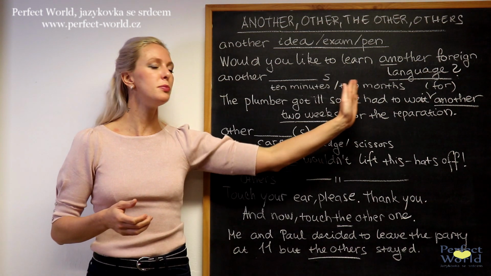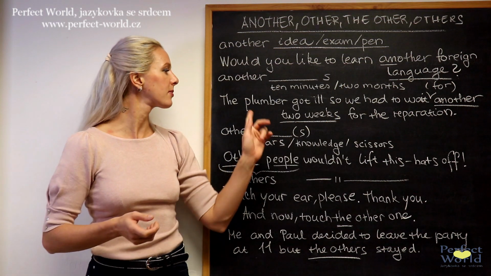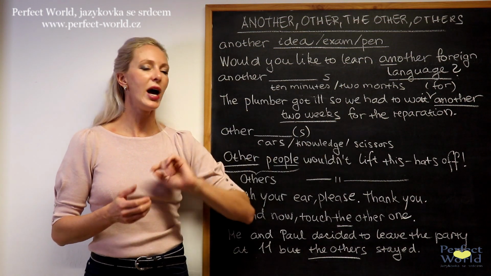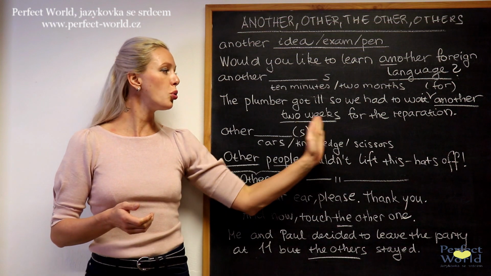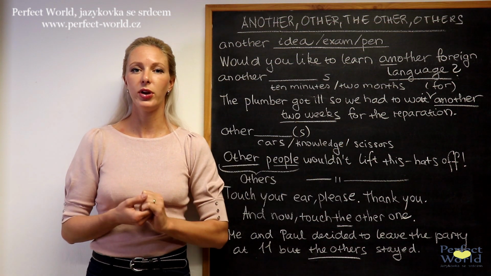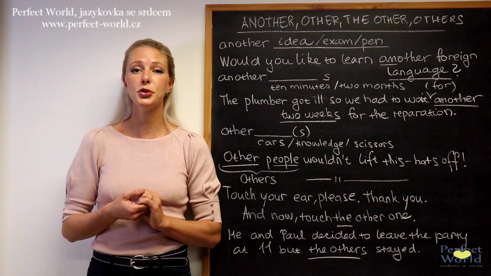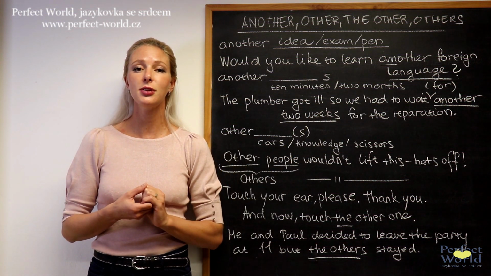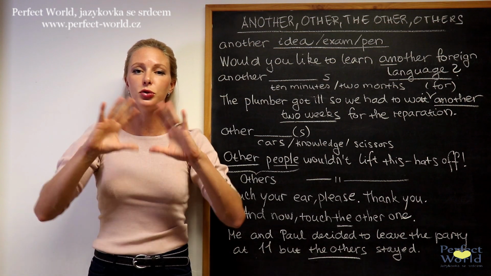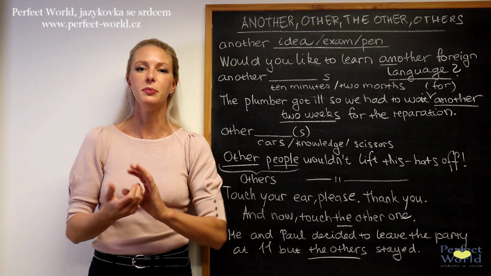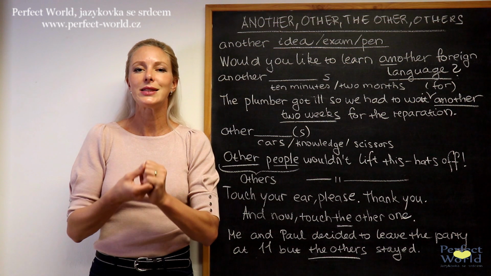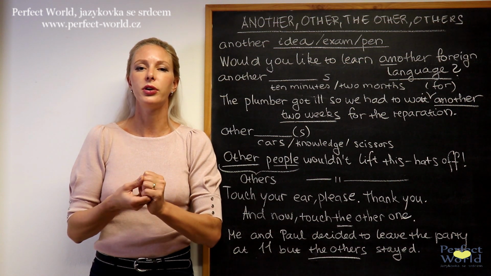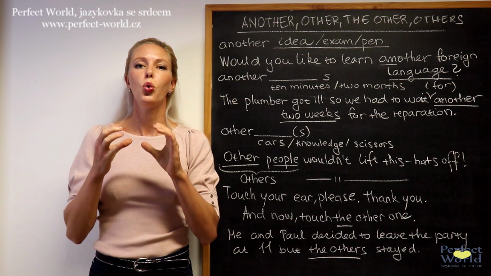So another 2 months. Or we could say, the plumber got ill, so we had to wait for another 2 weeks for the reparation. This was not like every single day, every single minute and altogether a plural item, but a singular item. These were another 2 weeks.